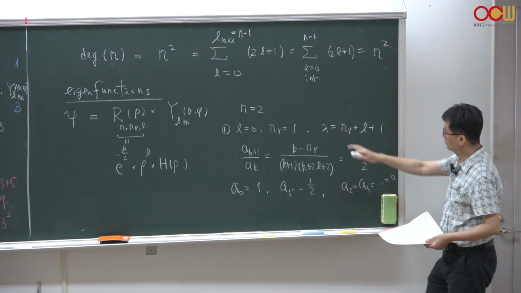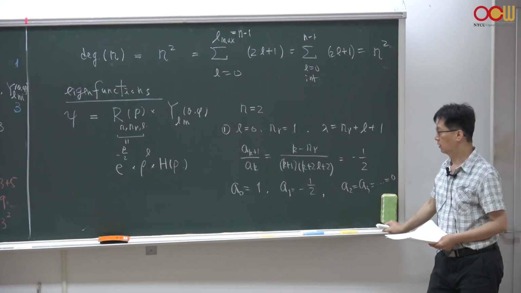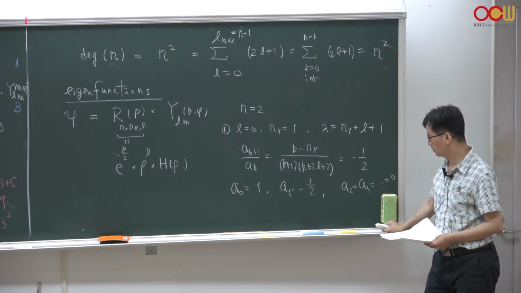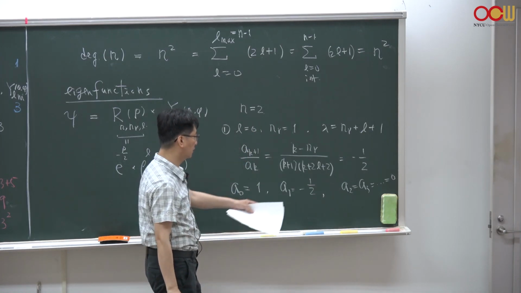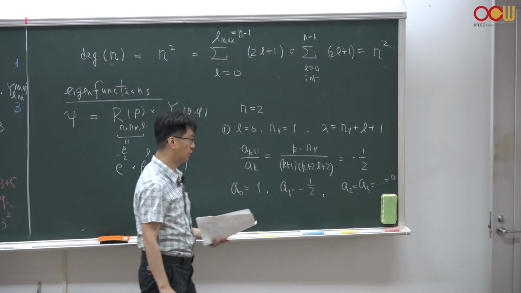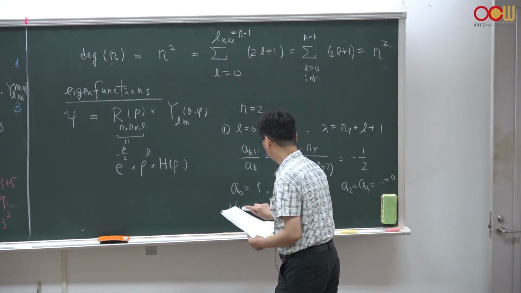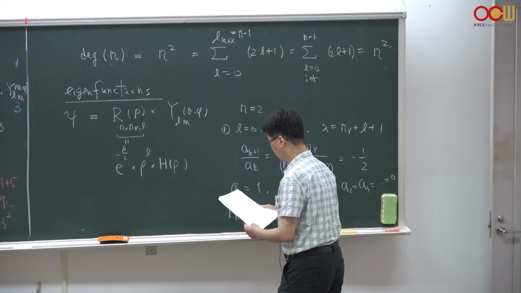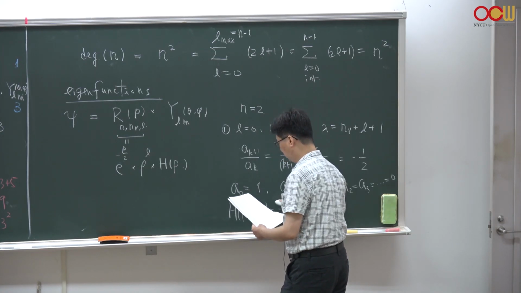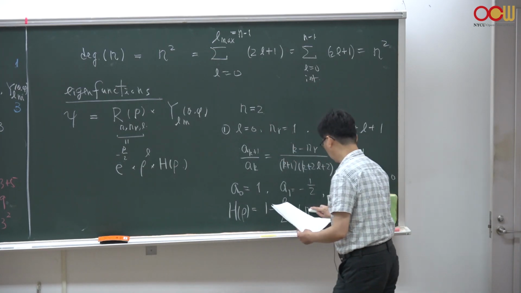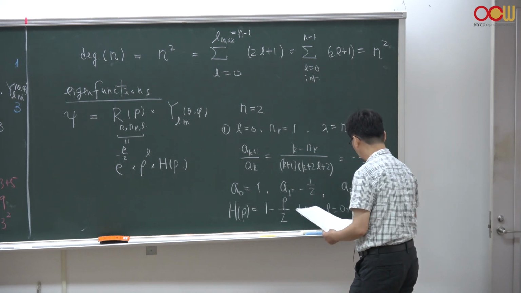For n equals 2, this is very easy, so you only have two non-zero polynomial terms, with A0 is 1, but A1 is minus 1/2, and all the remaining A coefficients, A of k, are 0. Your H of rho, in this case, is simply 1 minus rho over 2. This is for n equals 2, L equals 0, and nr is 1.